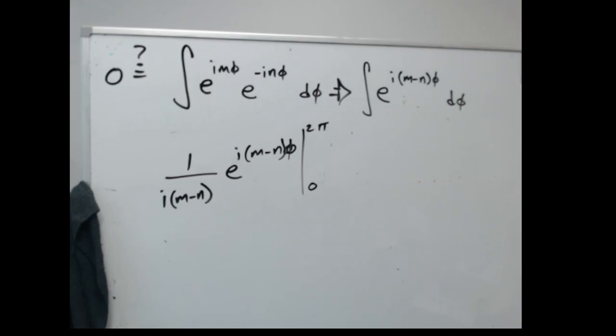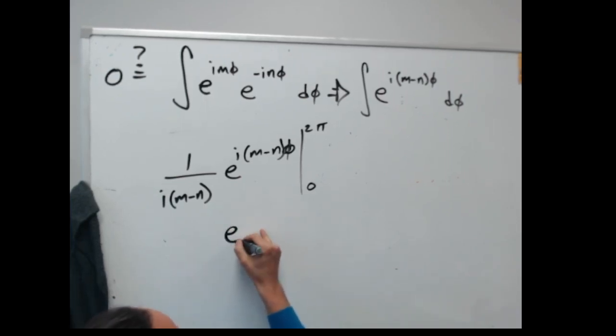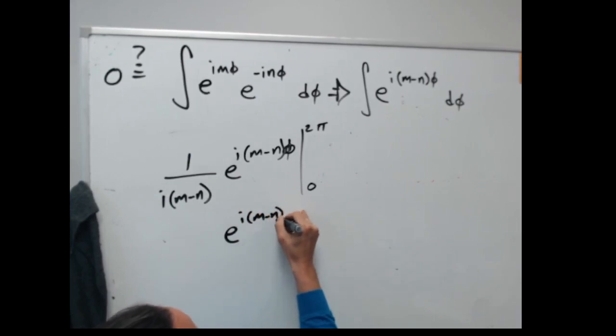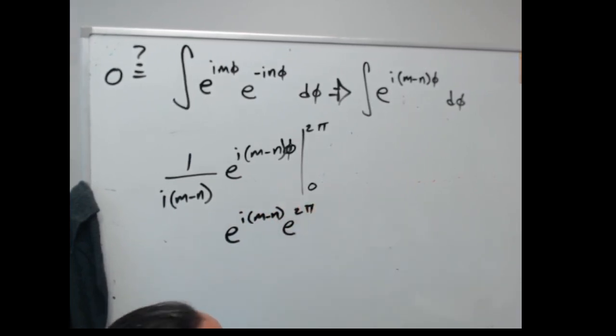Why 1? When you add the exponents, you're multiplying them together. So you can rewrite this as e to the I m minus n, e to the 2 pi. Yeah, that's what I'm writing. It took me a moment to keep track, but yeah, you're absolutely correct.